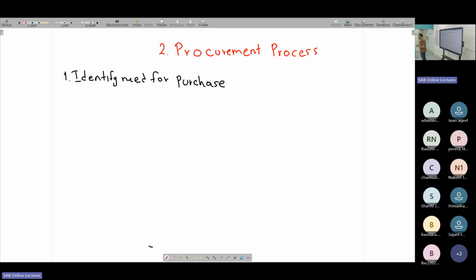They should decide. So for stores, the inventory level, reorder level. We will discuss inventory management later.